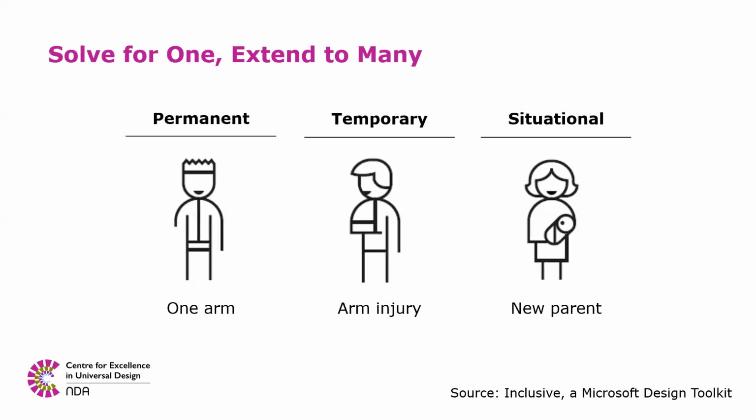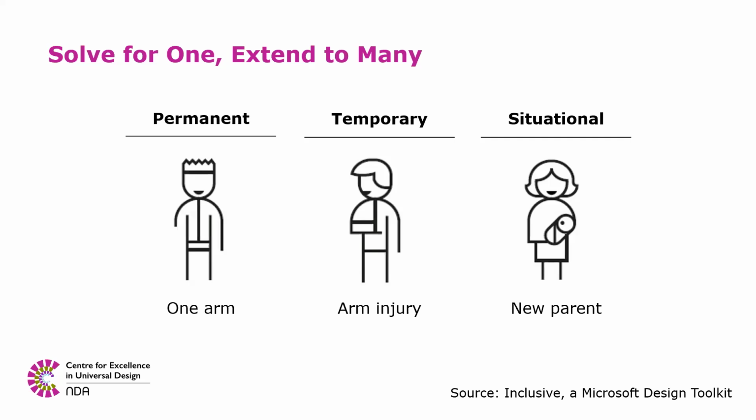So taking a universal design approach then solves for one but extends to many. And what we mean by this is that universal design assumes that everyone experiences barriers or reduced functioning or some form of disability, whether that is permanent, temporary, or situational, at some stage in their lives.